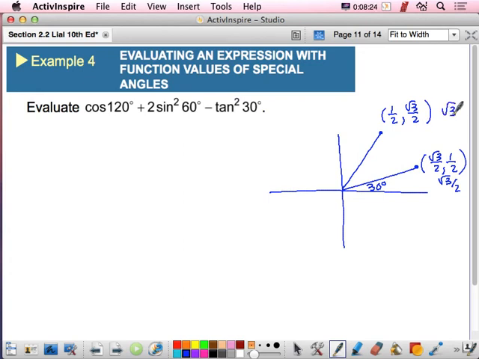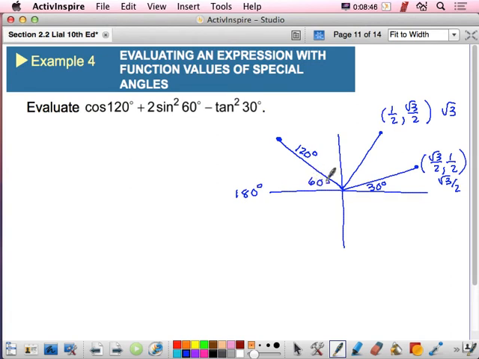So those are going to be really easy. And I just need to come over into quadrant 2 and figure out which reference angle 120 degrees has. If that's 120 degrees, and this is 180 degrees, how much is trapped between them? 60. Yeah.